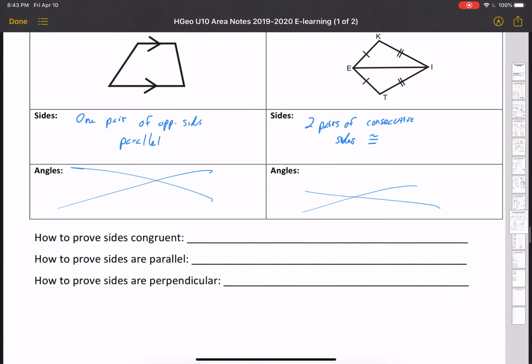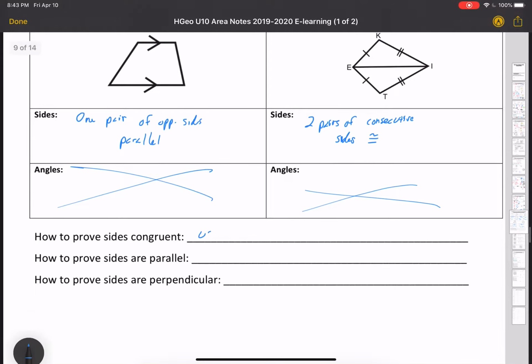Okay, so how do we prove that sides are congruent in the coordinate plane? Well, if you remember, in order to find the lengths of sides in the coordinate plane, we are going to use the distance formula, or my preferred method, the Pythagorean theorem. So we use those to prove that sides are congruent, because we need to find the lengths.